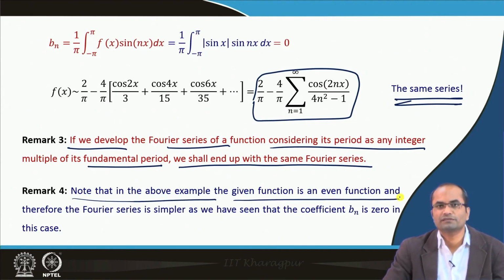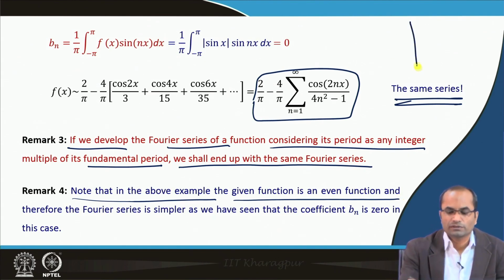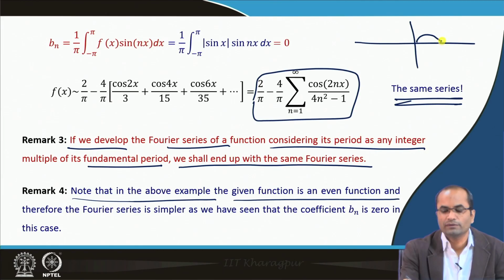Also note that in the above example, the given function is an even function. So, another observation which we should keep in mind, and later on we will discuss in detail: the sine function here with absolute value was an even function. So, around this 0 here, this has the same value as in the negative values there.